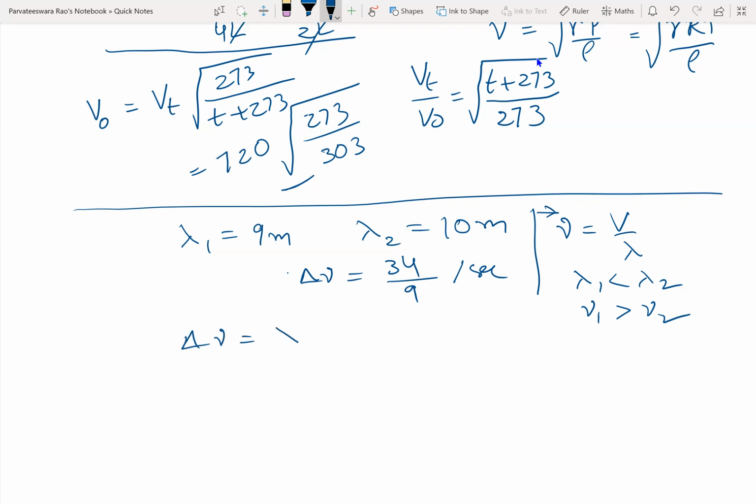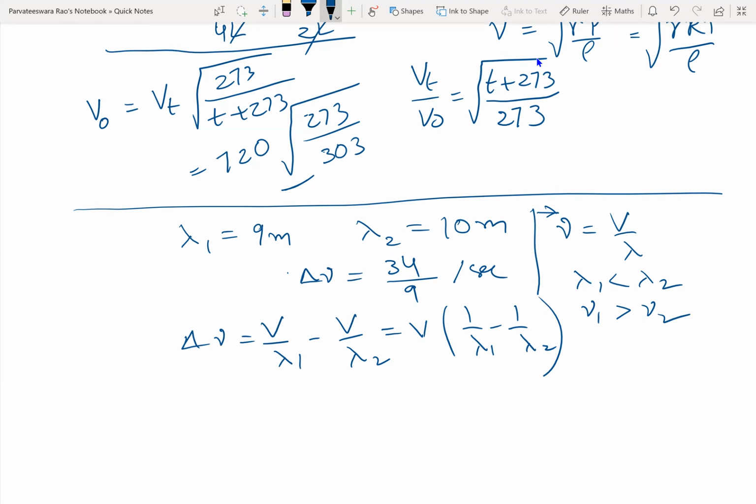So delta nu can be written as V by lambda 1 minus V by lambda 2, that is V into 1 by lambda 1 minus 1 by lambda 2.